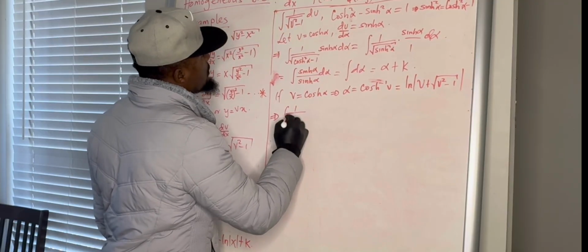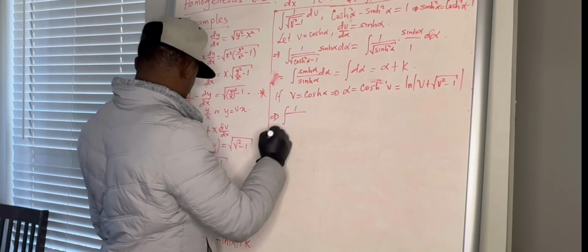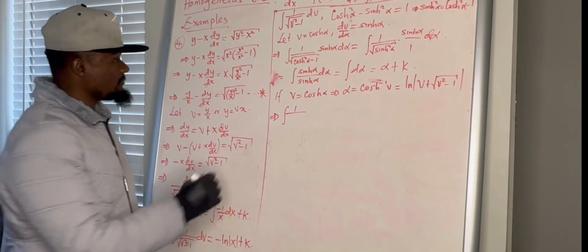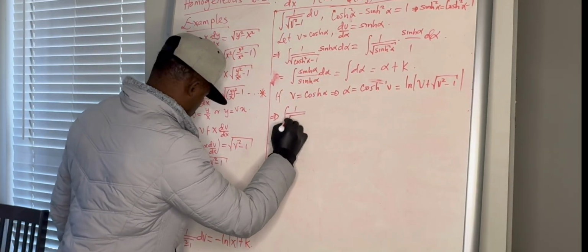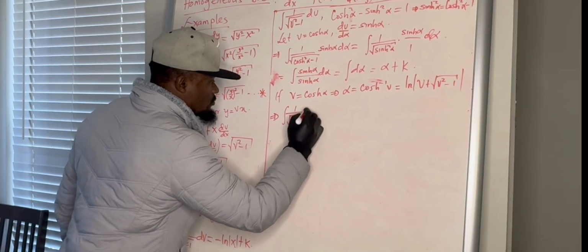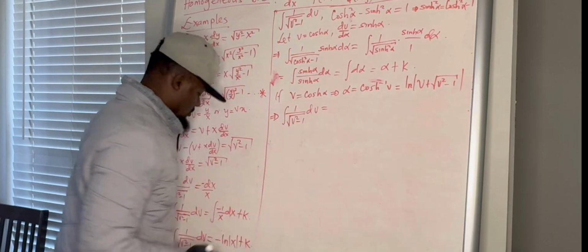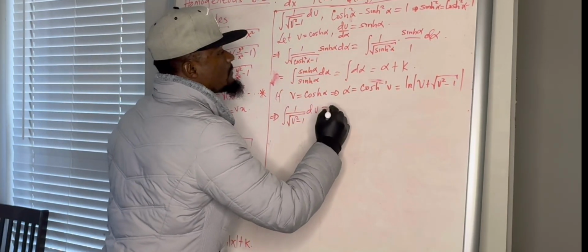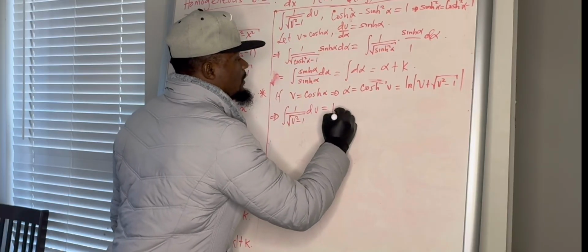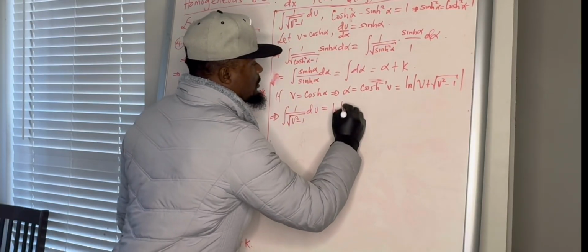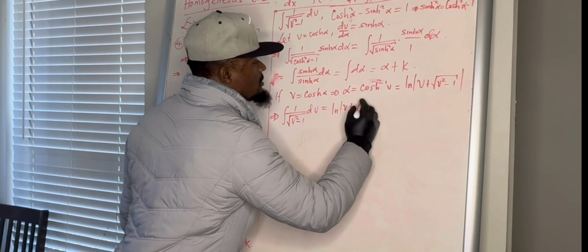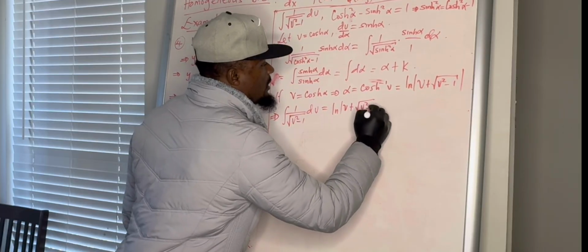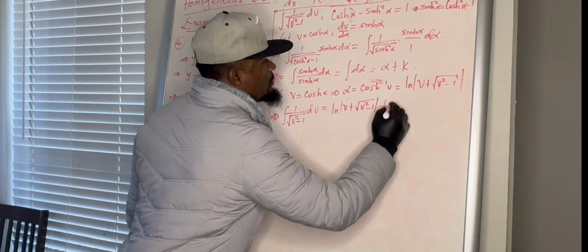The integral of 1 over the square root of v squared minus 1 dv is equal to ln the absolute value of v plus the square root of v squared minus 1 plus k.